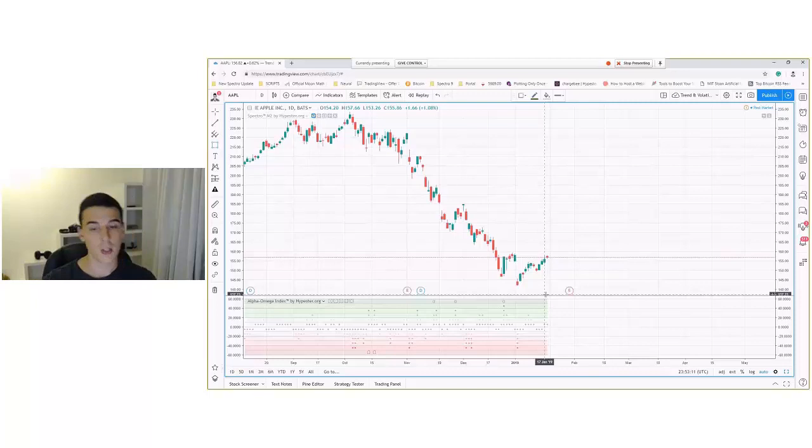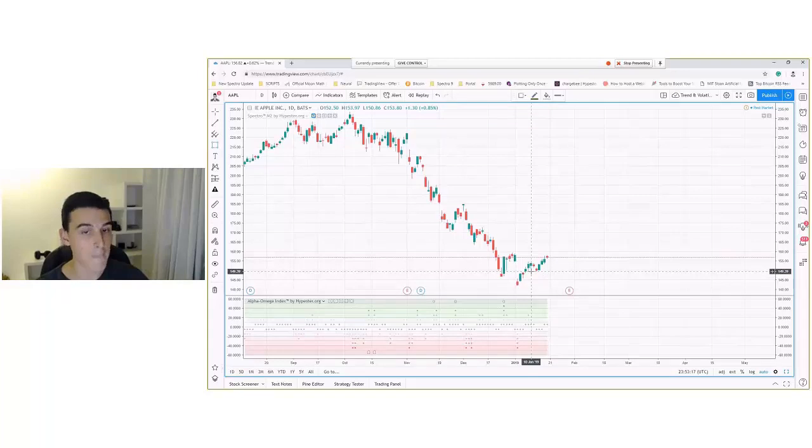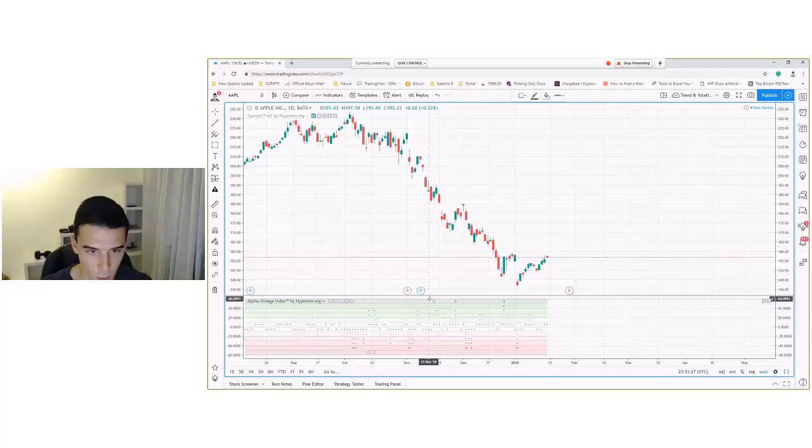So what do you want in this case? You want a strong, powerful bullish signal during an extreme bearish moment. For instance, here we see 3 alphas, and I'm gonna get them highlighted for you guys so you see what I'm talking about.